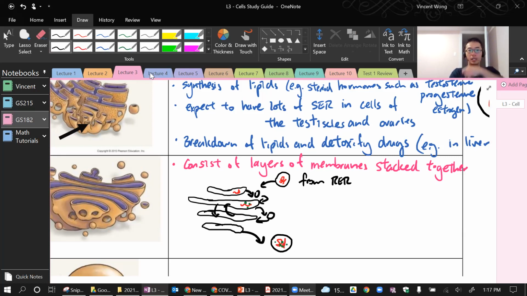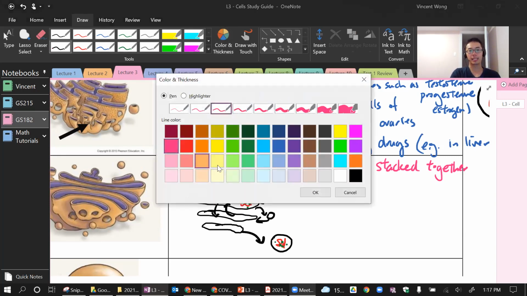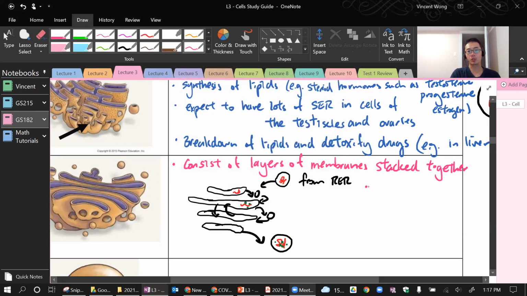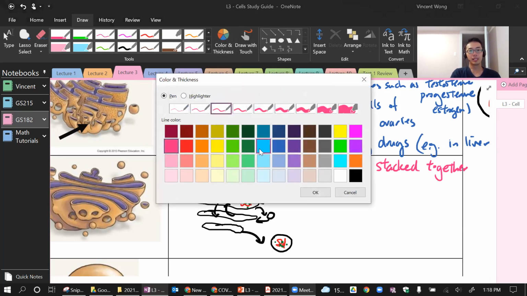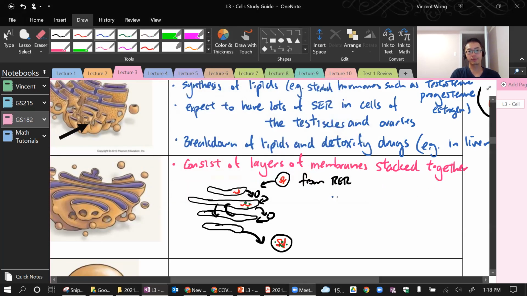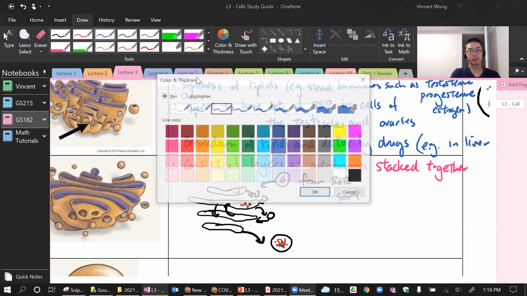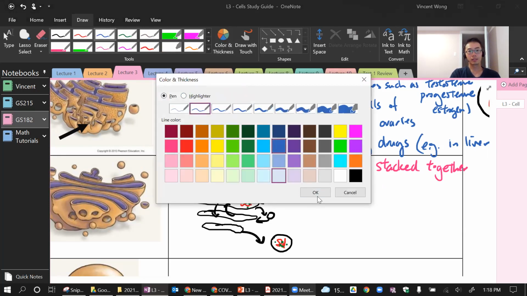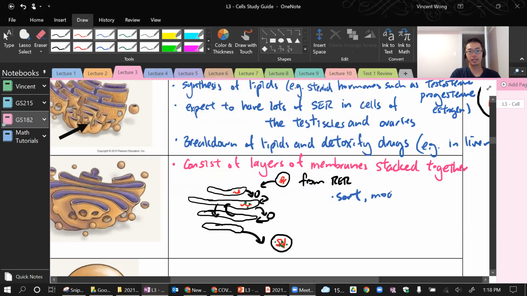Okay, so essentially what the Golgi body does is that it will sort, modify, and repackage proteins.